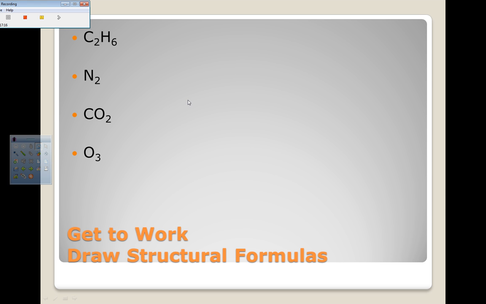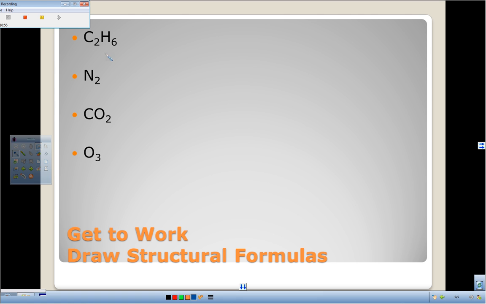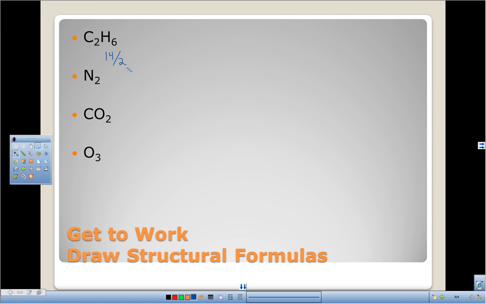And let's look at 4 times 2 would be 8 valence electrons from the carbon, and 6 from the hydrogen, and 6 plus 8, 14 total electrons, and 14 divided by 2, 8 pairs.